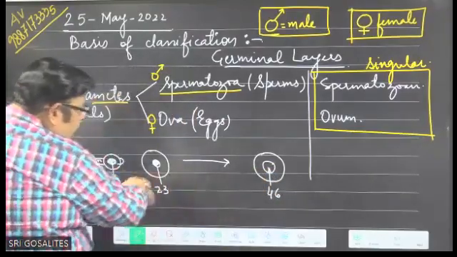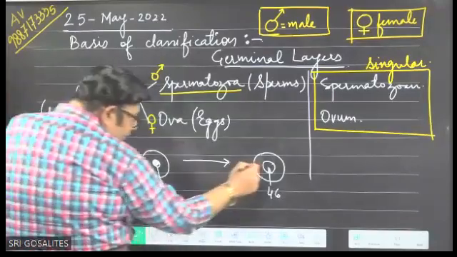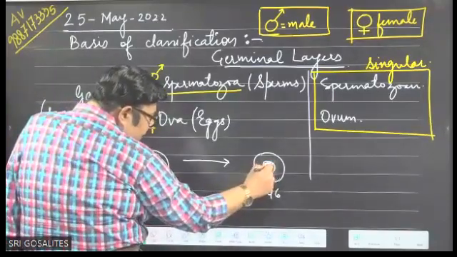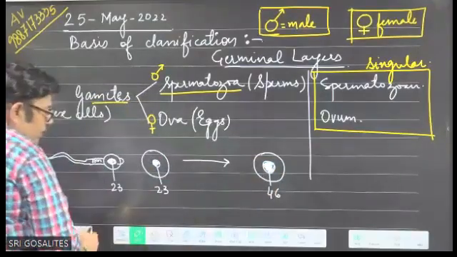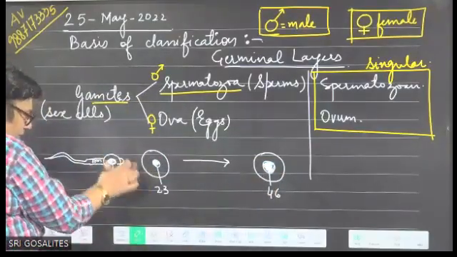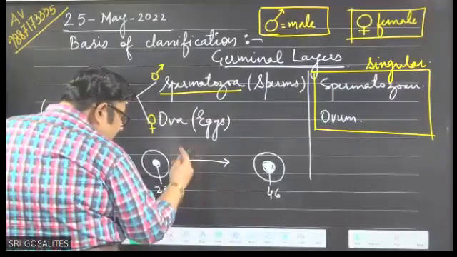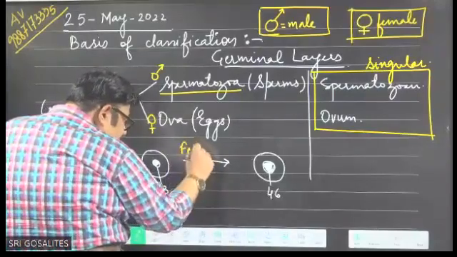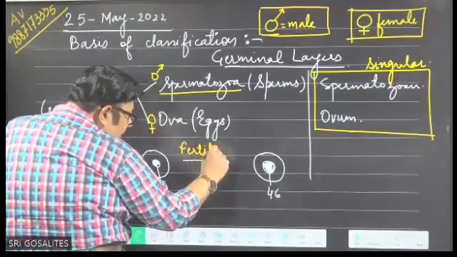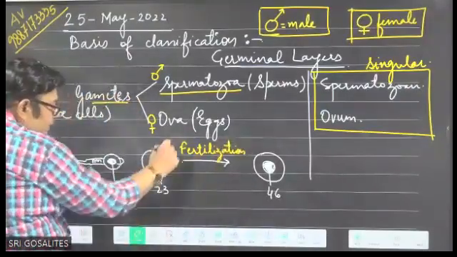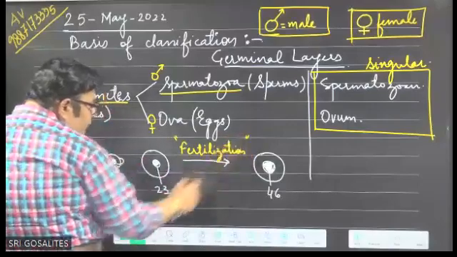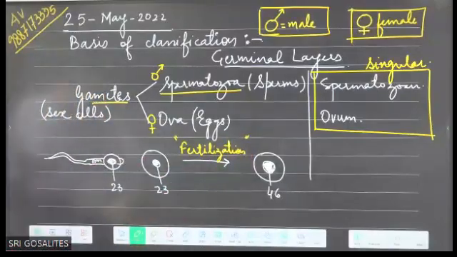So apart from other specialties, one more specialty these sex cells have is that they have half the number of chromosomes, so that when both of them are fused, their fusion, known as fertilization, gives 46. Are you guys with me? Just learn this name, fertilization. The fusion is called fertilization, my dear children.